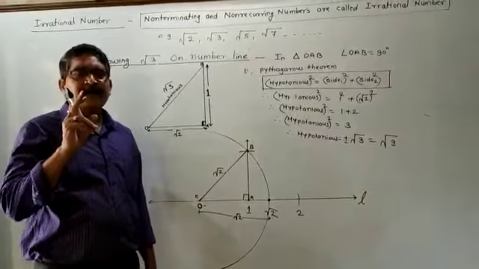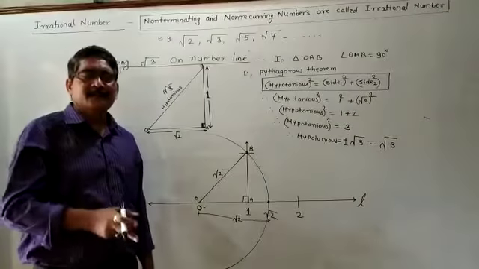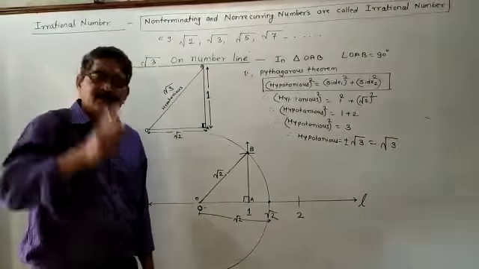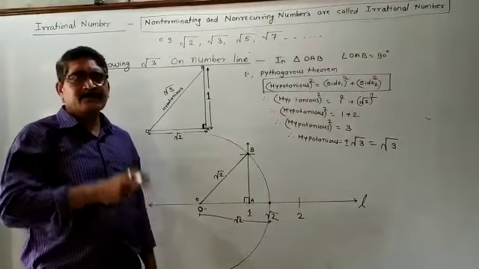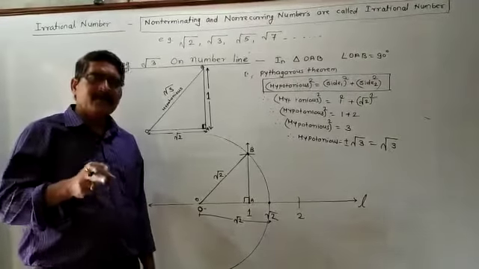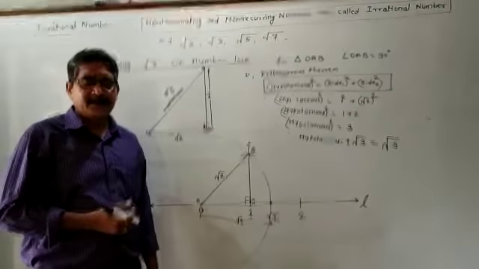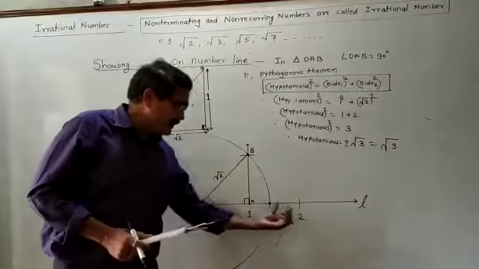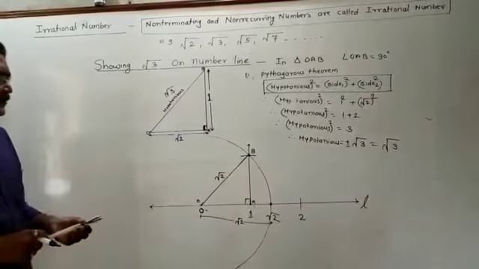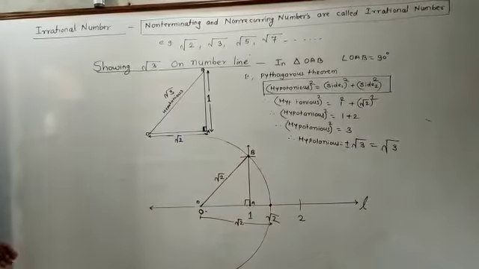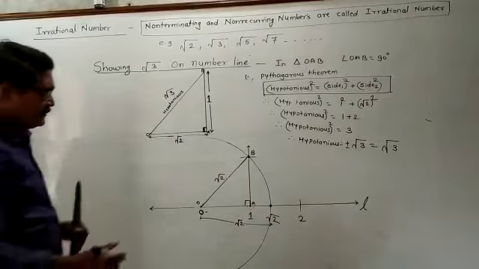Everybody understand? For showing the square root of 3 on the number line, you have to draw the square root of 2. You have to take the help of the square root of 2 and after that you will draw the square root of 3 on the number line. And square root of 3 will come in between 1 and 2. Then what you have to do? You have to draw the vertical line from this point.